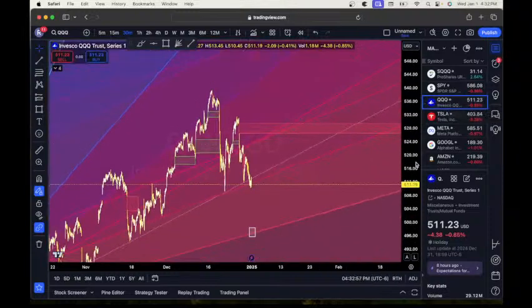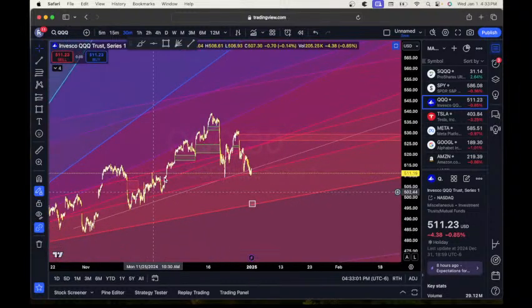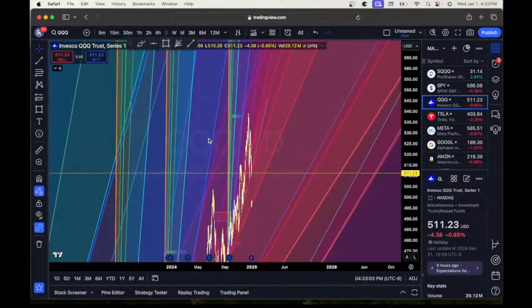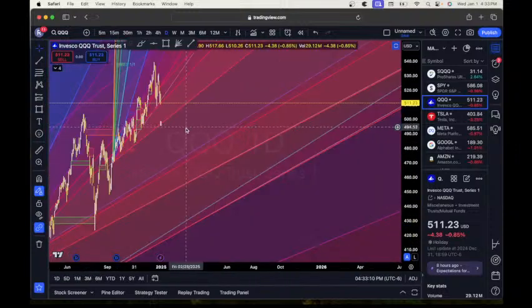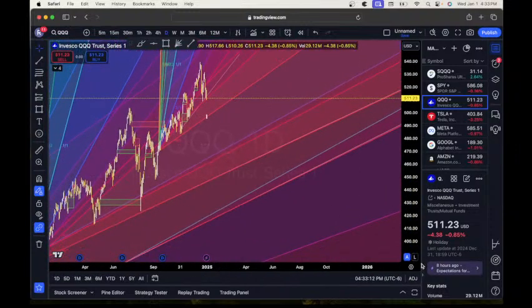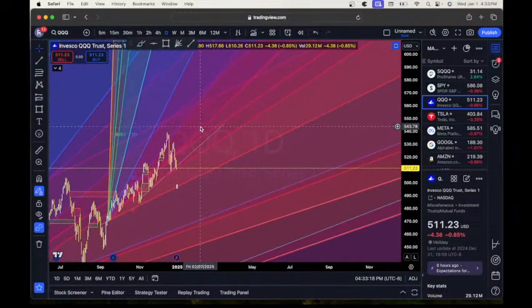This is how you guys see the charts. As you see, I got my daily line already marked out, and it has been breached. Yeah, it's already been breached.